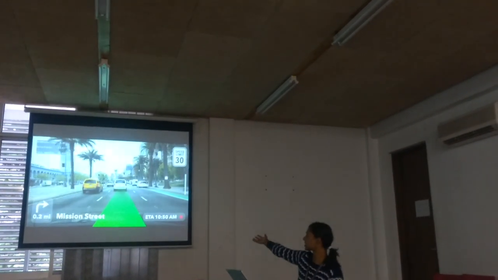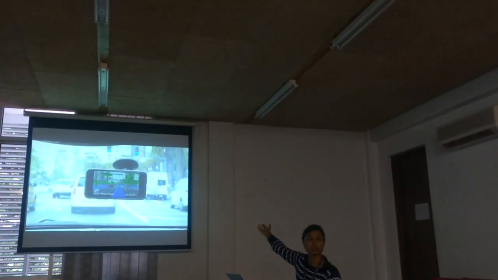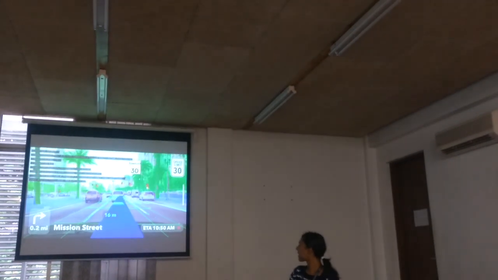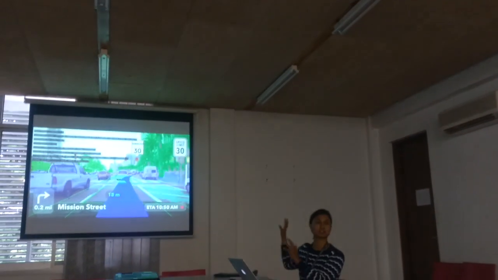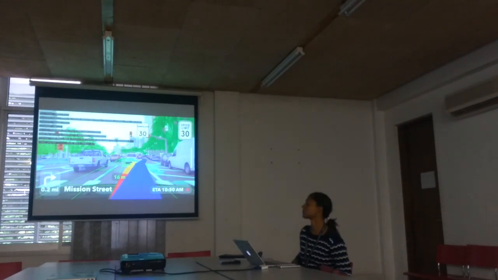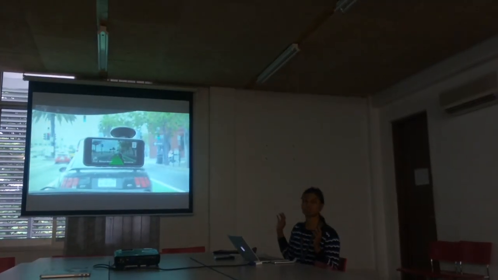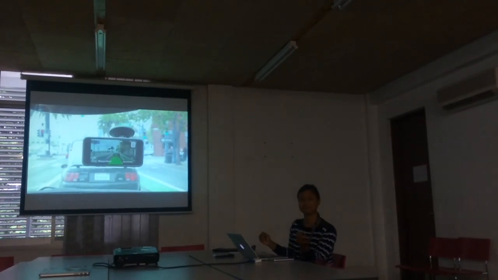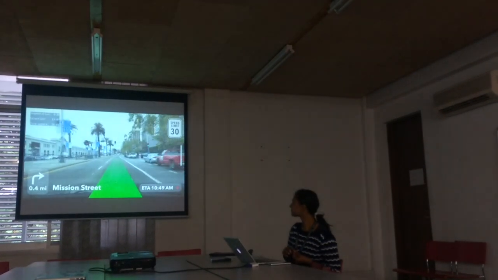You can overlay the directions in an augmented reality sort of app, and add all of this extra information to where you're driving on. So hopefully in the future that's what you're using and not just a phone.